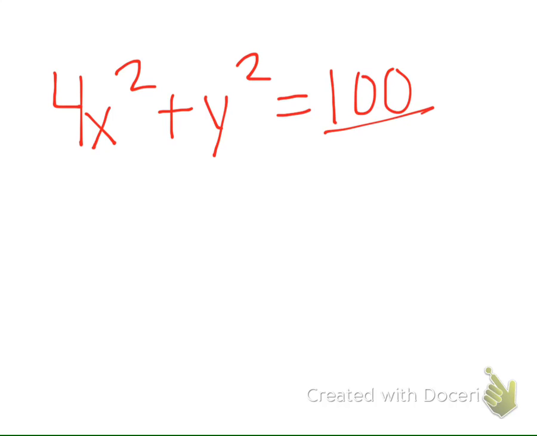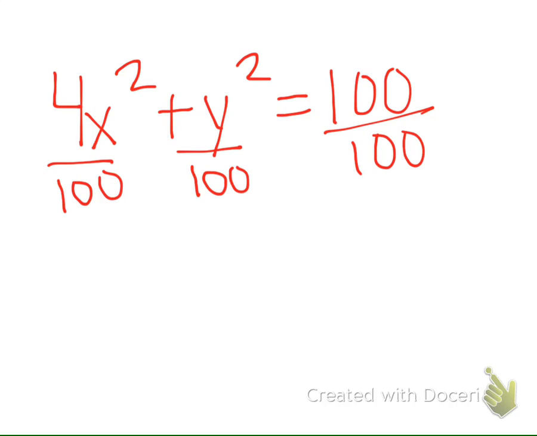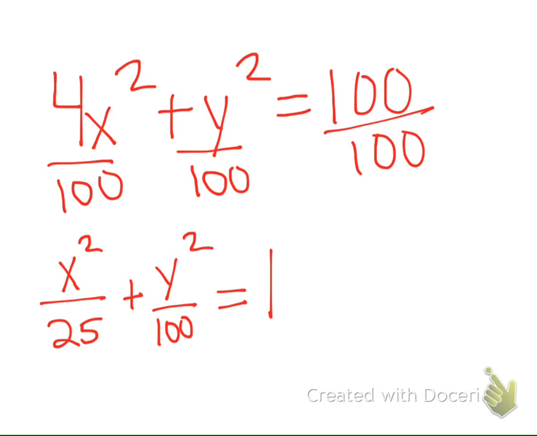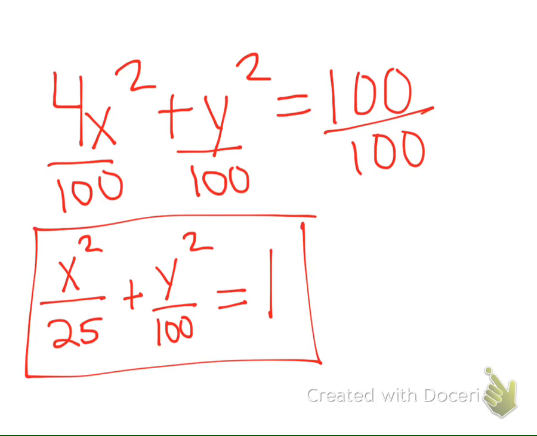Yeah, divide by 100. You can divide every term by 100. Then you would simplify the fraction. So now I have x squared over 25, y squared over 100, and that equals 1. You can graph this. Okay, so just be aware, if it's not equal to 1, this is the way you make it equal to 1. Any questions on those?